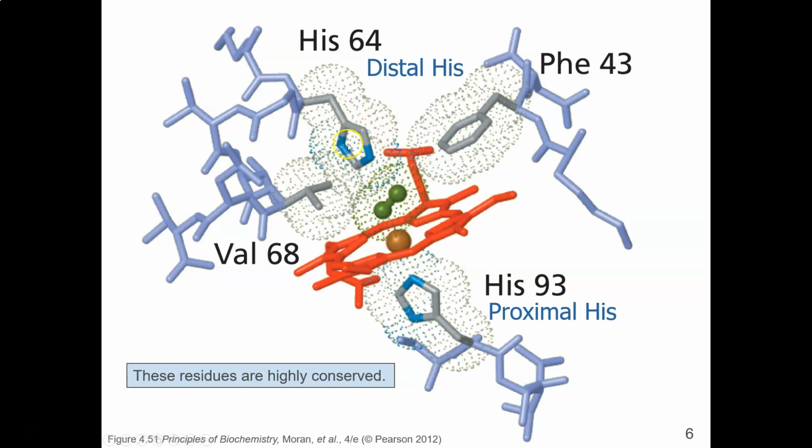The distal histidine will form a hydrogen bond with the oxygen. The other things shown on either side are a valine 68 and a phenylalanine 43. These are hydrophobic amino acids, so this shows that there's a hydrophobic cleft in which the protoporphyrin 9 ring fits, which makes sense because this is a hydrophobic planar aromatic compound.